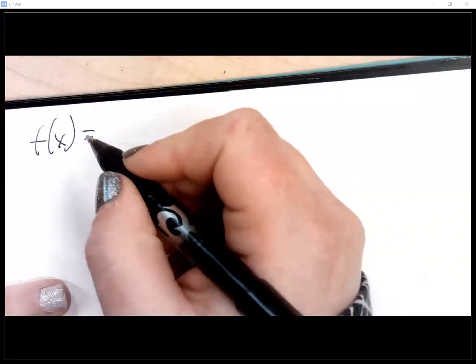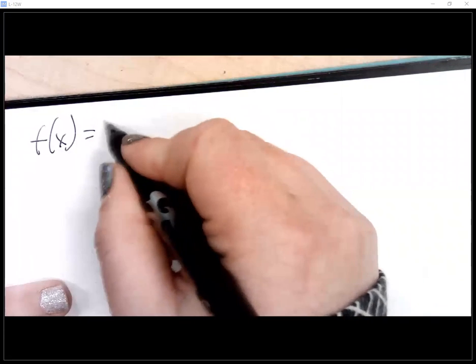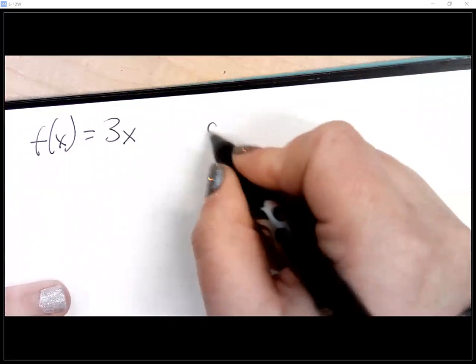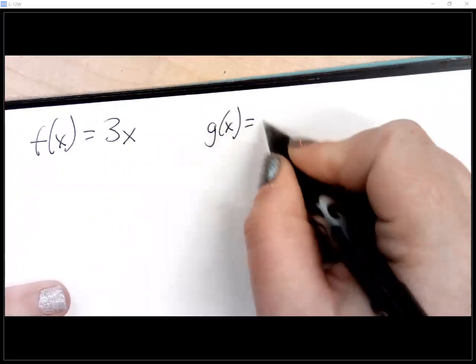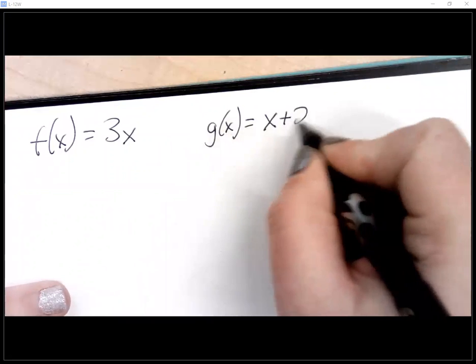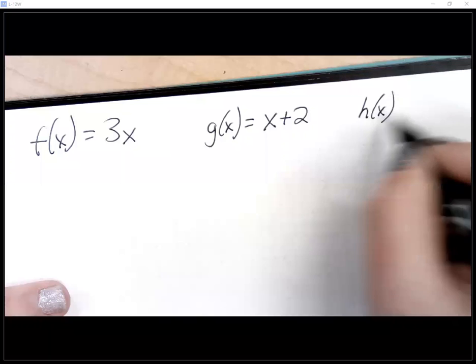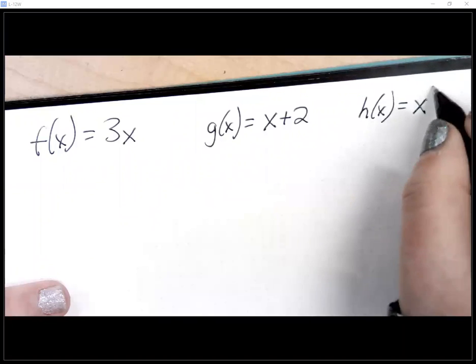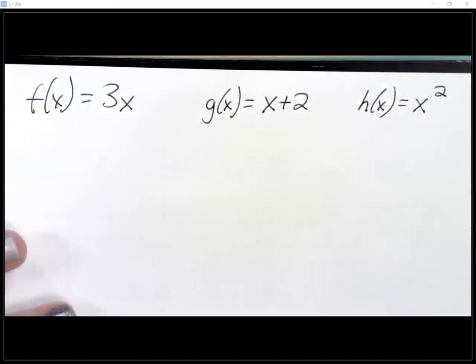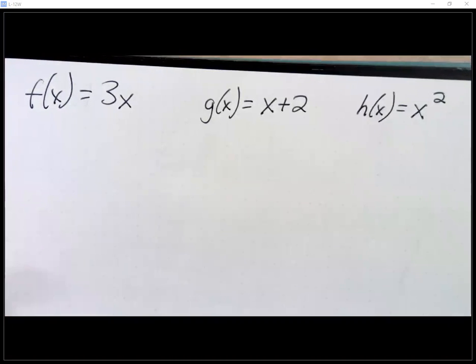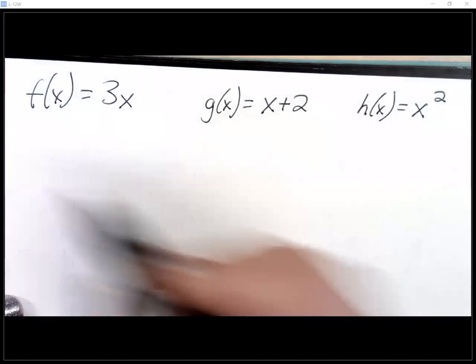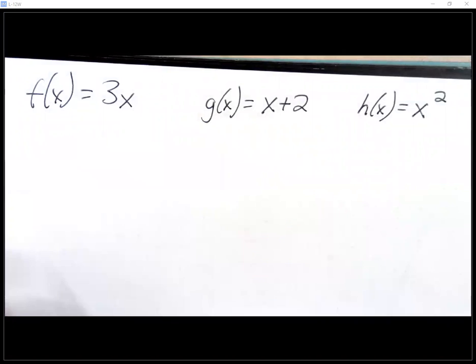All right, so let me give you a couple of functions up here. Let's do 3x for f. Let's take g of x can be x plus 2, and let's have h of x. Let's throw an x squared in there. So we have f, g, and h, and let's try some compositions here. I'm going to switch back and forth between the two different types of notation, so you get used to both of them.